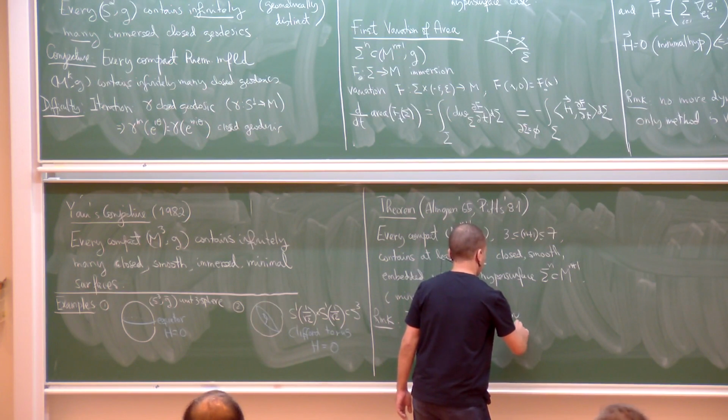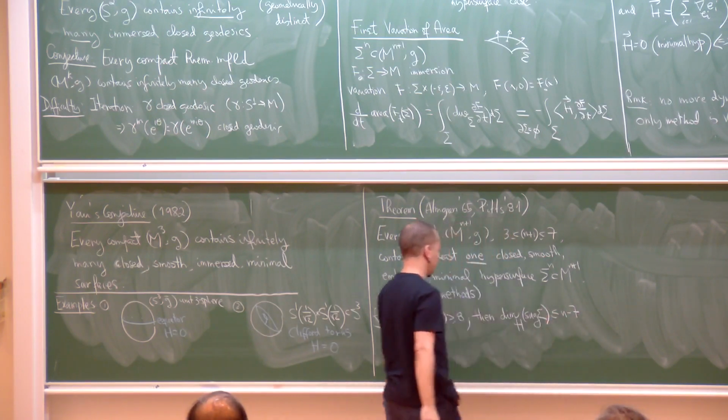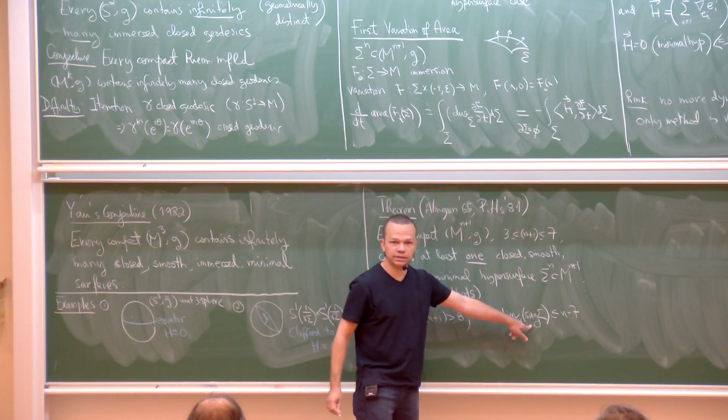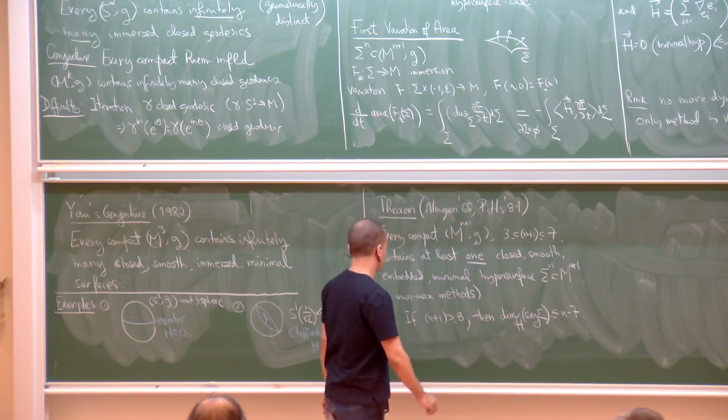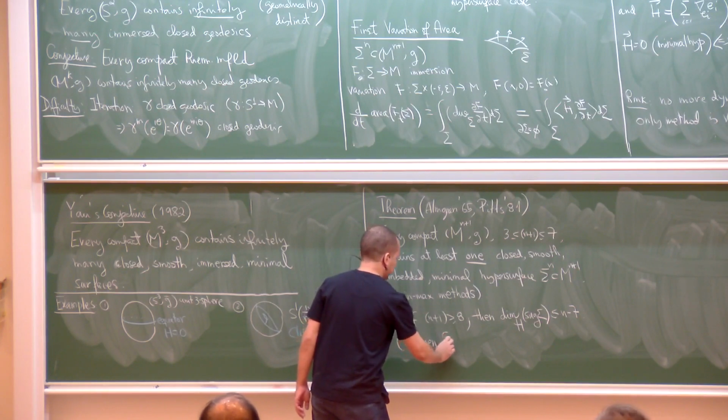The Hausdorff dimension of the singular set of sigma is going to be at most n minus 7. So in low dimensions, the singular set is actually empty. This uses regularity theory of Schoen-Simon.